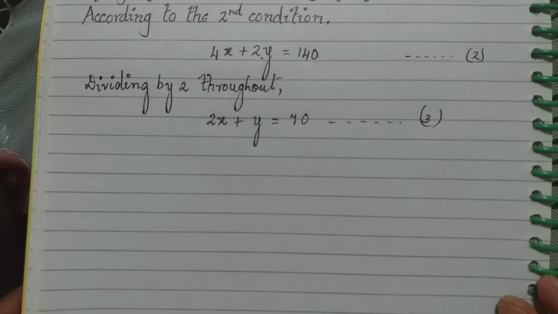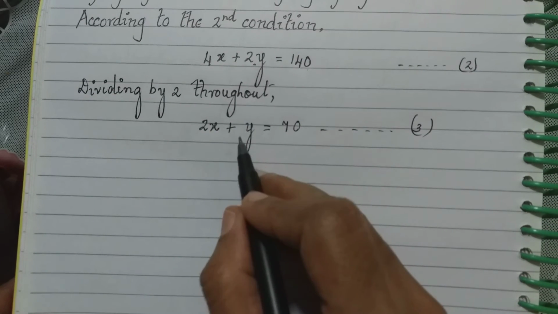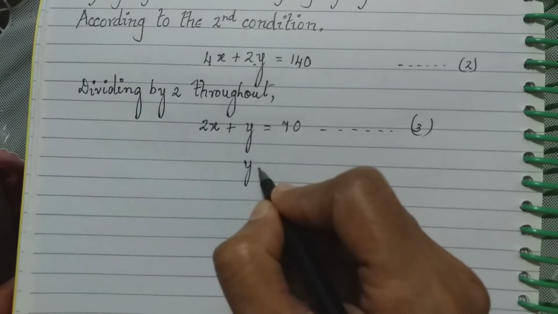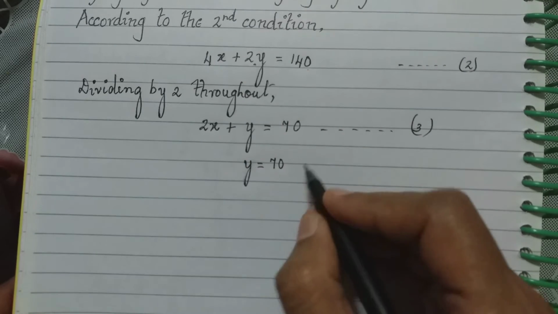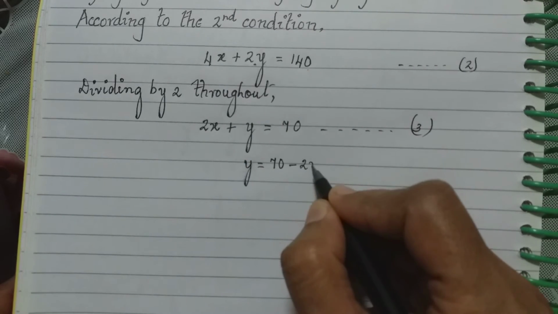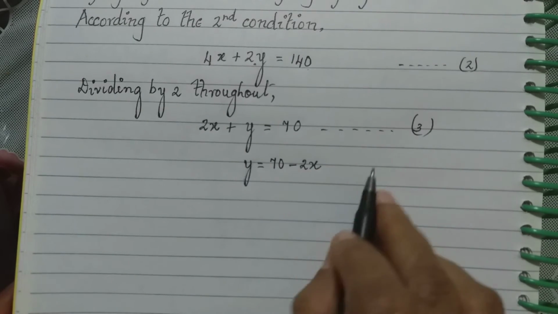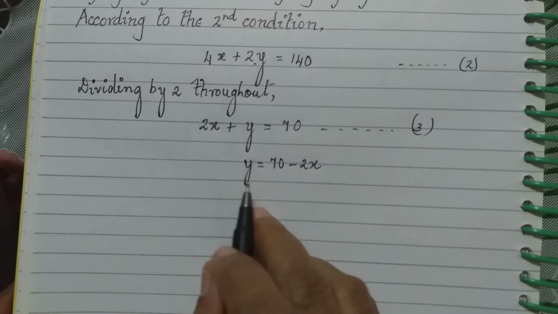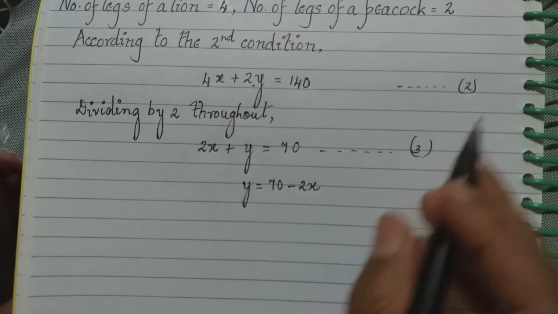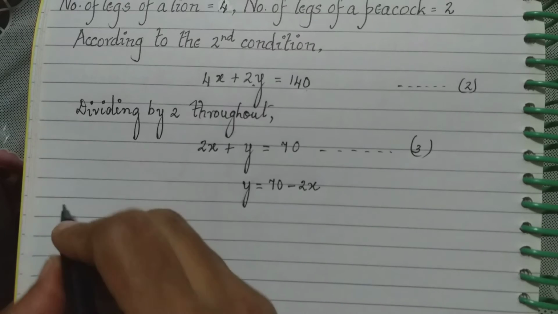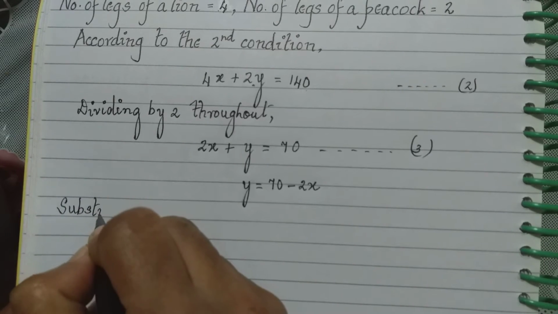Now since 2X plus Y equal to 70 and the coefficient of Y is 1 here, from this we can write Y is equal to 70, taking 2X to the other side, minus 2X. So we get the value of Y in terms of X. So substituting this value of Y in equation 1.